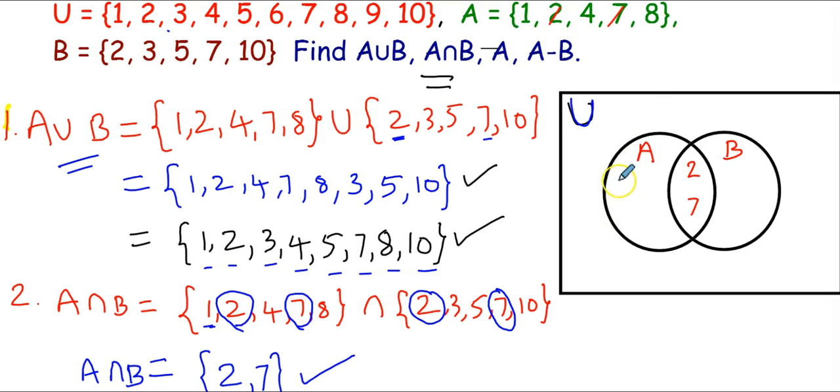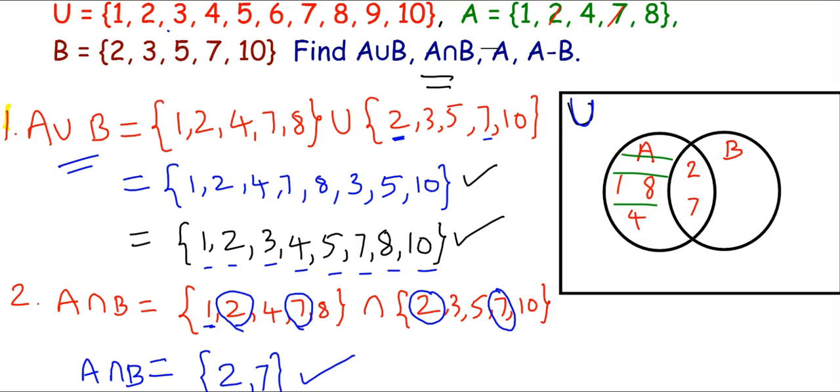So let me write down this 1, 4 and 8. We will write in the remaining part of set A, only in this area, because set B is overlapping there, so I should not take 1, 4, 8 anywhere on this side, but outside that area, anywhere in this area, you will have your remaining elements of set A, that is 1, 4 and 8. We copied there.